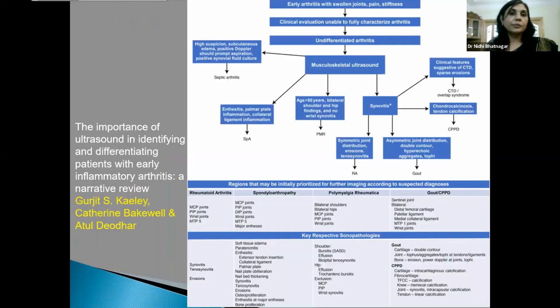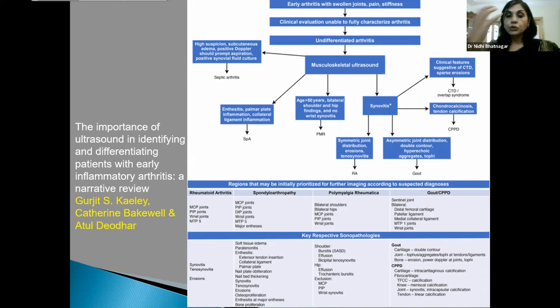This is an algorithm developed by the authors as a guide for the use of ultrasound in diagnostic decision making. It was not based on a clinical study. Osteoarthritis has not been included in it, even though it causes synovitis. This definitely helps in increasing diagnostic confidence. We all know there is a huge overlap of sono signs when evaluating patients with undifferentiated inflammatory arthritis.